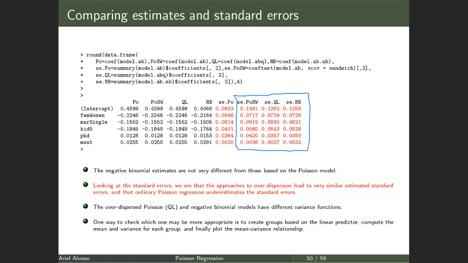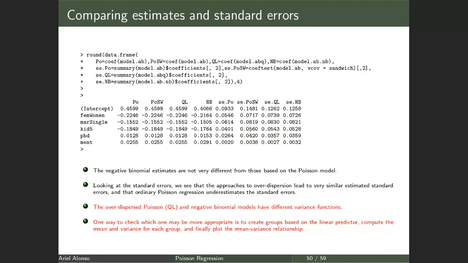Not identical, but similar. Now, you see clearly that the ordinary Poisson model underestimates the standard error. These are the ones given over here. They are typically substantially smaller than the one we get by these procedures. And that is just because the Poisson model is misspecified. We have extra variability that the Poisson model cannot explain.